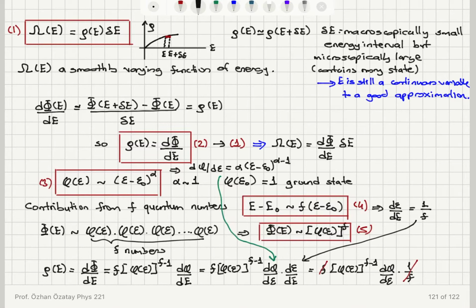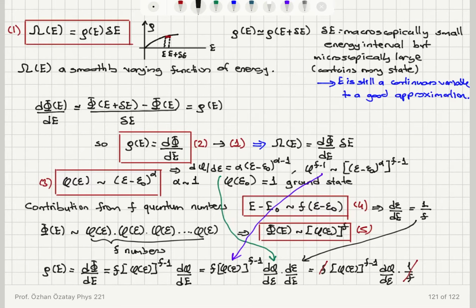And for phi to the power f minus 1, I can also get that from relationship number 3: phi to the power f minus 1 is epsilon minus epsilon 0 to the power alpha times f minus 1. So I'm going to substitute that result for phi to the power f minus 1 here.